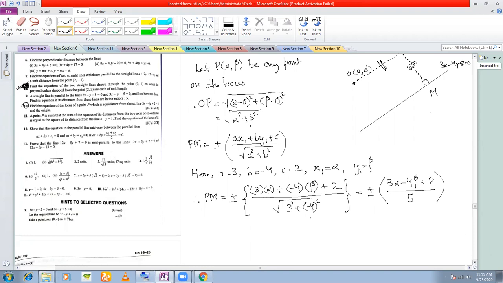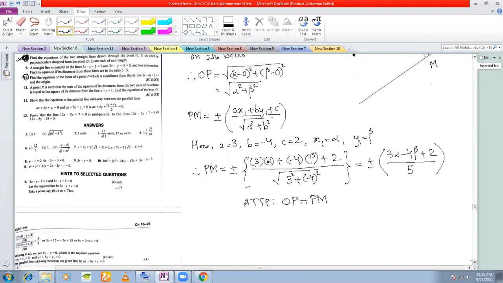So what is the geometrical condition here according to the problem? This point P moves such that its distance from the origin, OP, must always be equal to its distance from the straight line. OP must be equal to PM according to the problem.